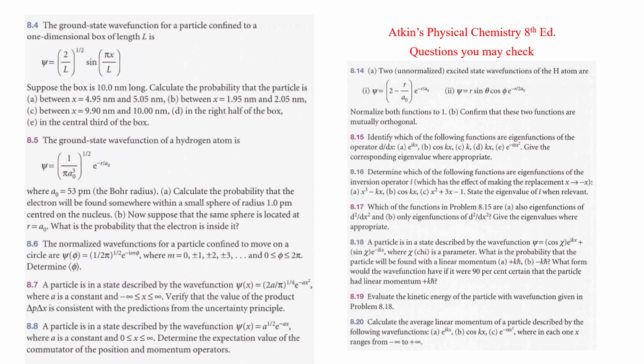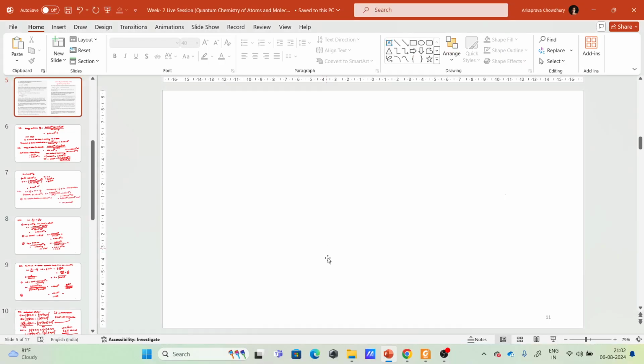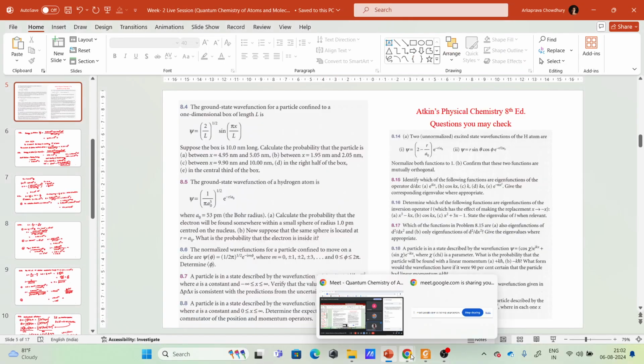You can try out these problems I'm showing on the screen. These are also from Atkins Physical Chemistry 8th edition. We are going to solve these questions in the next session and discuss some of the lecture notes also. I'm going to share these notes with the slides.